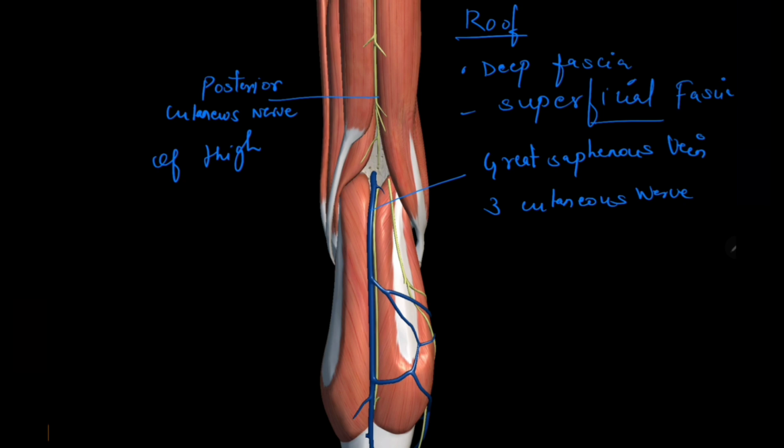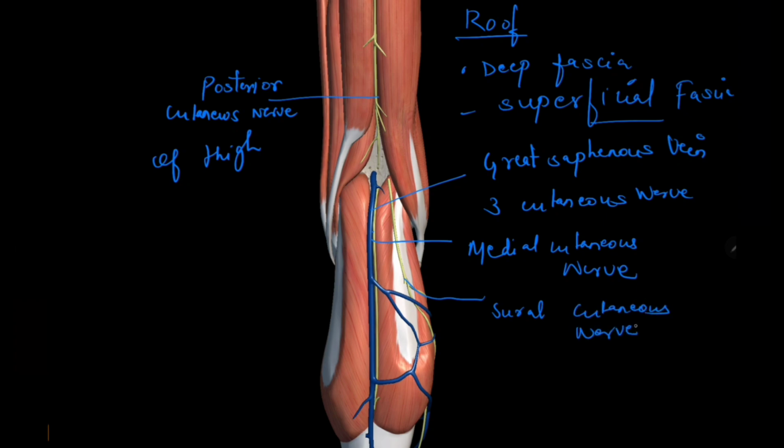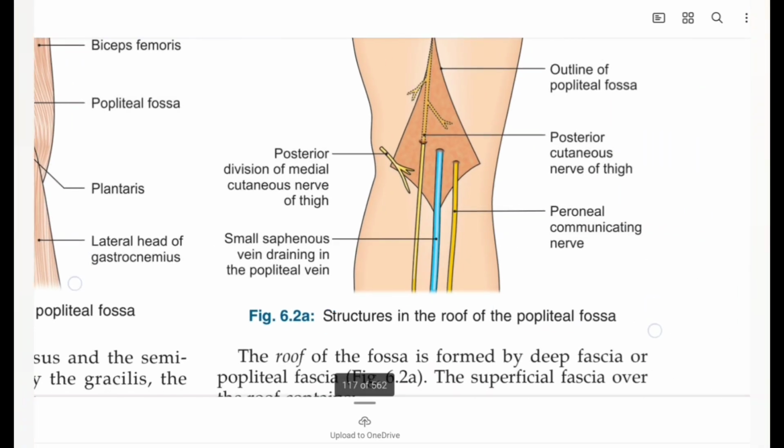Then this one, just close to the small saphenous vein, is the medial cutaneous nerve, and then there is one that is the sural cutaneous nerve. So these three cutaneous nerves are also present in the roof, along with the small saphenous vein.